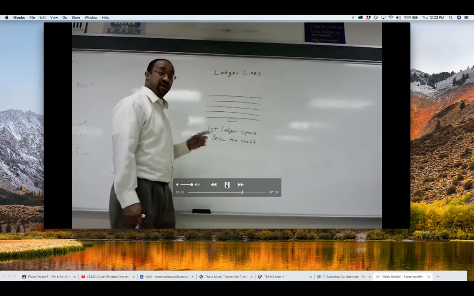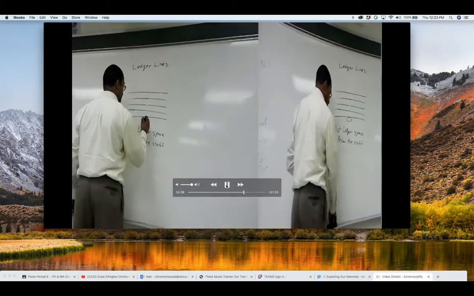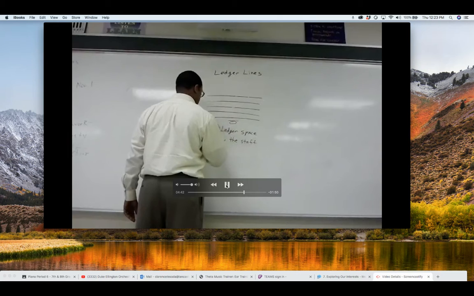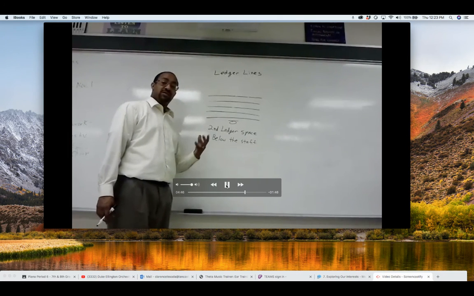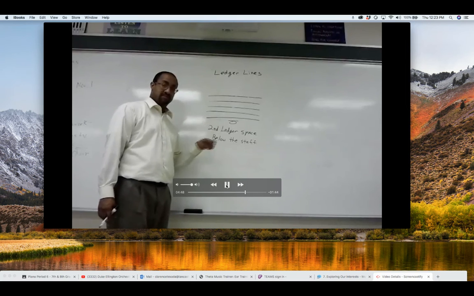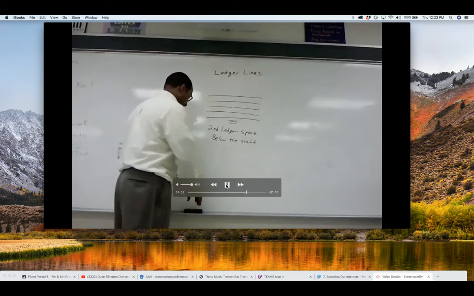This one here is called first ledger space below the staff. This one will be called second ledger space below the staff. And it keeps going and keeps going.